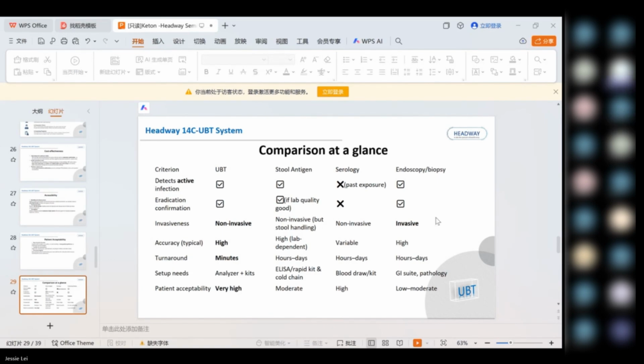So Jessie, just to add on that, a follow-up question. As per the understanding, let's say the patient has come on day 1 for the test and they get a reading of, let's say, 100, then after they have done the treatment, can the results be used to monitor the treatment?